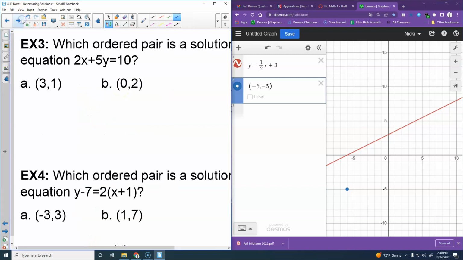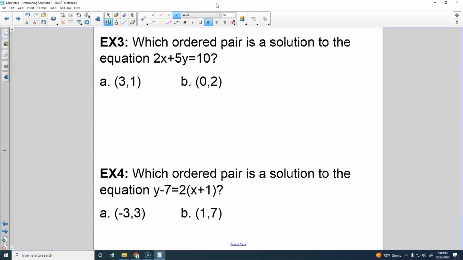All right, let's look at a couple more where the equations look a little bit different, but otherwise, it's pretty much the same thing. It says, which ordered pair is a solution to the equation 2x plus 5y equals 10? Okay, so if I want to know if something is a solution, I'm going to plug in my x and y and see if it makes it true.